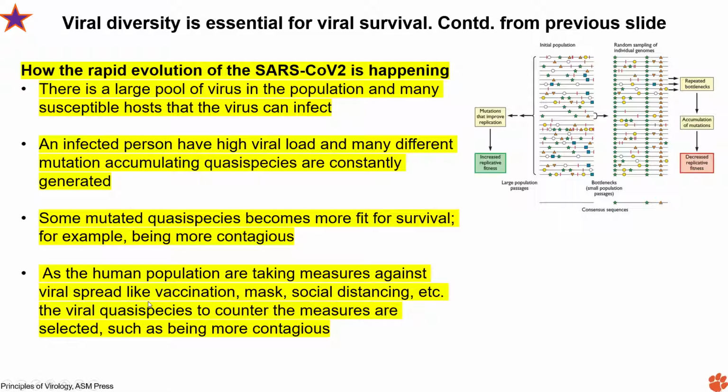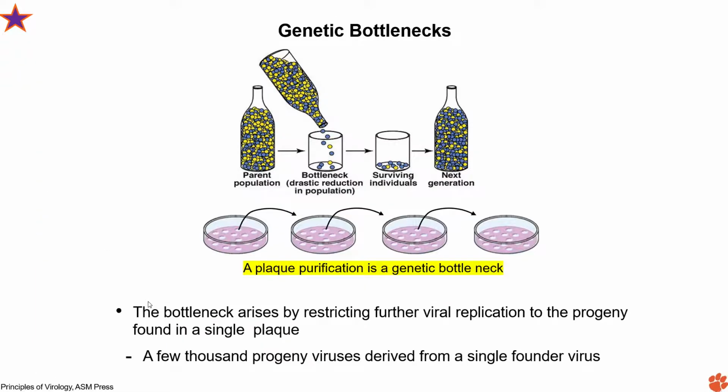Now looking at some of the genetic bottlenecks. For example, if I give you a question that you constructed a virus and you can see that after a few passages the multiplicity of infection actually dropped dramatically, what could be the cause?